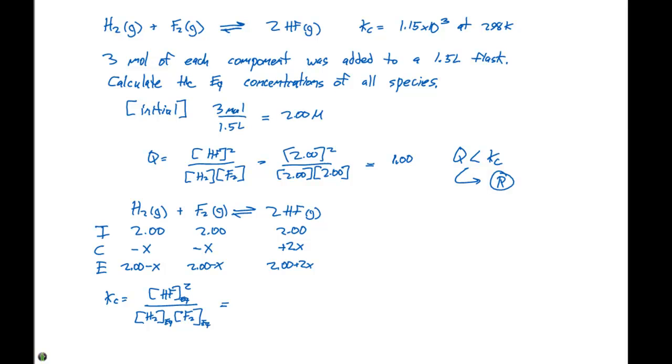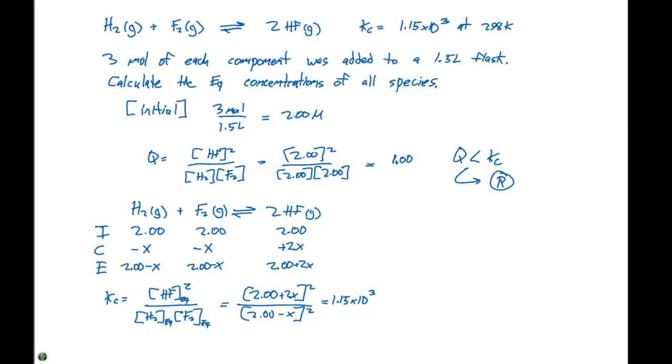So if we plug these values in, we get 2.00 plus 2x, that quantity squared, divided by 2.00 minus x, that quantity also squared, because it's going to be 2.00 minus x times 2.00 minus x. That is going to equal 1.15 times 10 to the third. And that's our Kc that was given in the problem here.